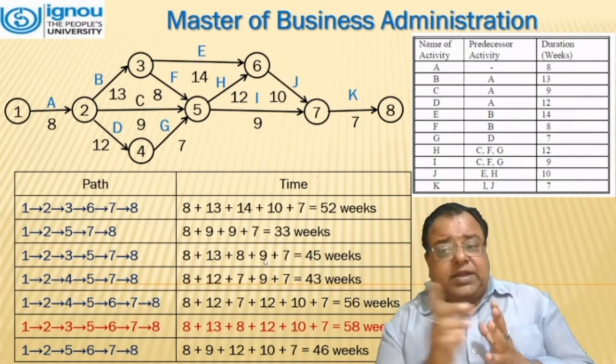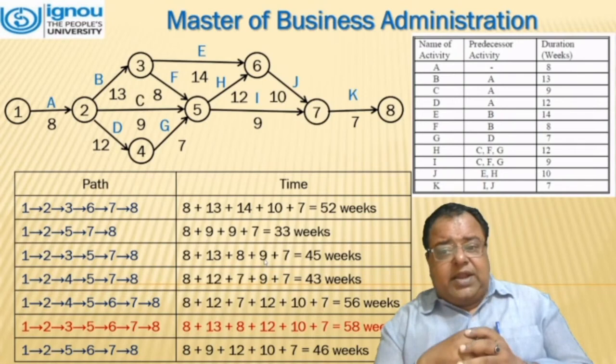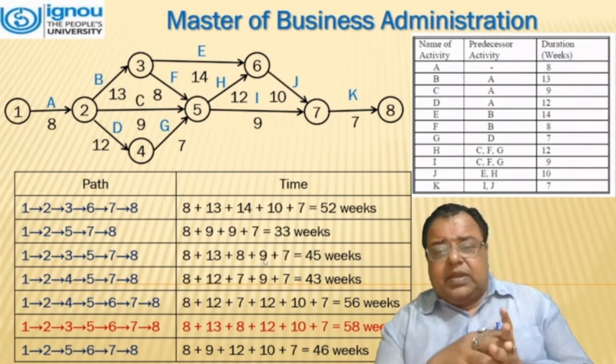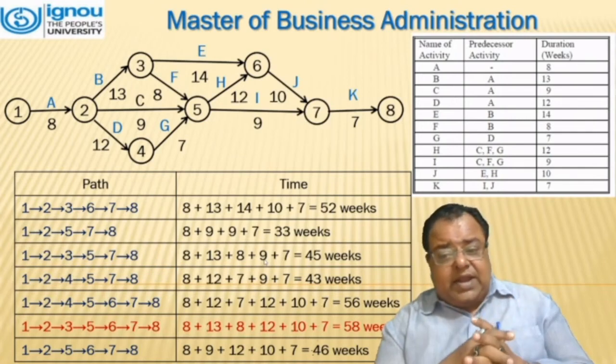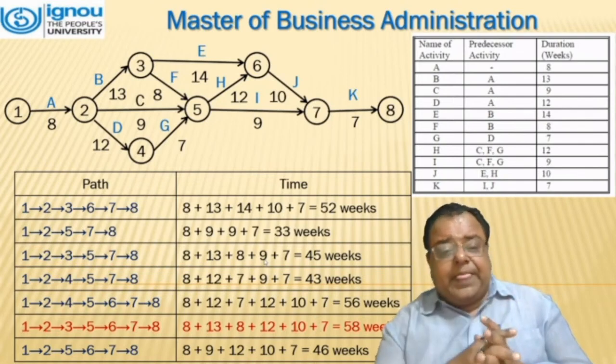For A, it is 8. For B, it is 13. For C, it is 9. For D, it is 12. For E, it is 14. For F, it is 8. For G, it is 7. For H, it is 12. For I, it is 9. For J, it is 10. And for K, it is 7.